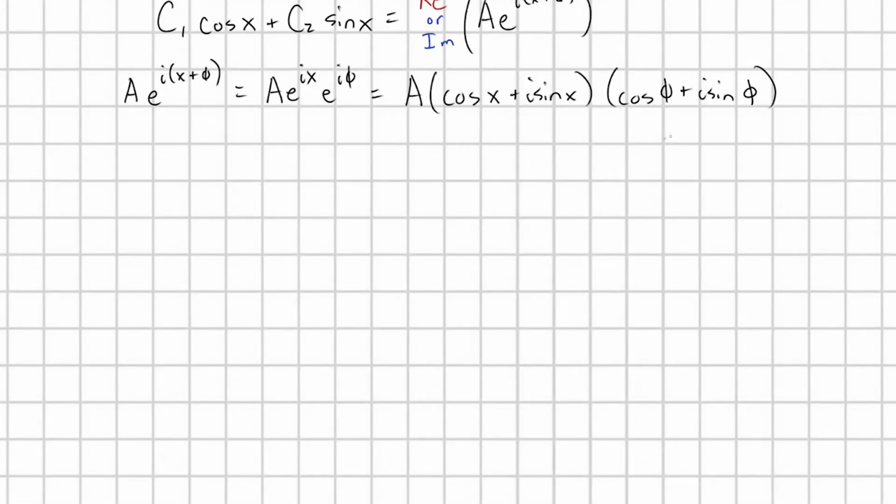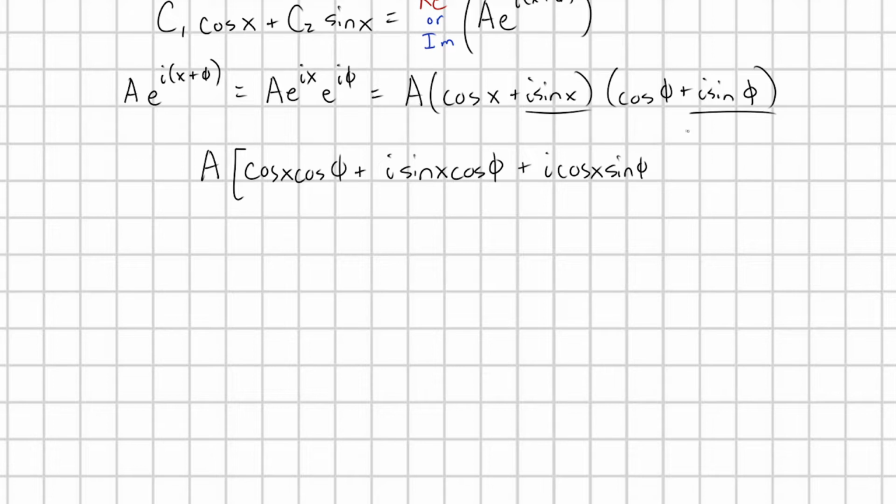All right, so from here, I'm just going to distribute this whole thing out. So we get A times cos x cos phi plus i sine x cos phi plus i times cos x sine phi. Remember, for this last term, i times i is -1, so minus sine x sine phi.